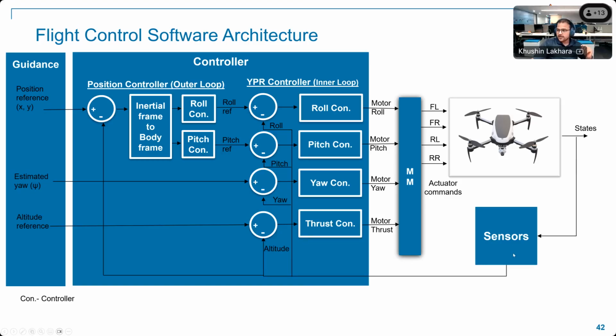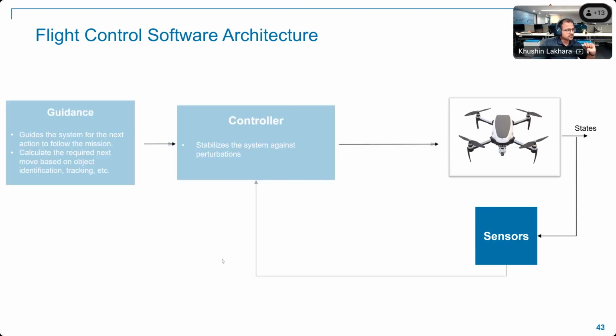So now again a question. We have this flight controller and computer, right? This was the flight control software architecture we were looking at earlier, where the controller algorithm is coming and we are getting some guidance. This guidance is generating all the commands. If I minimize it, it looks like this.